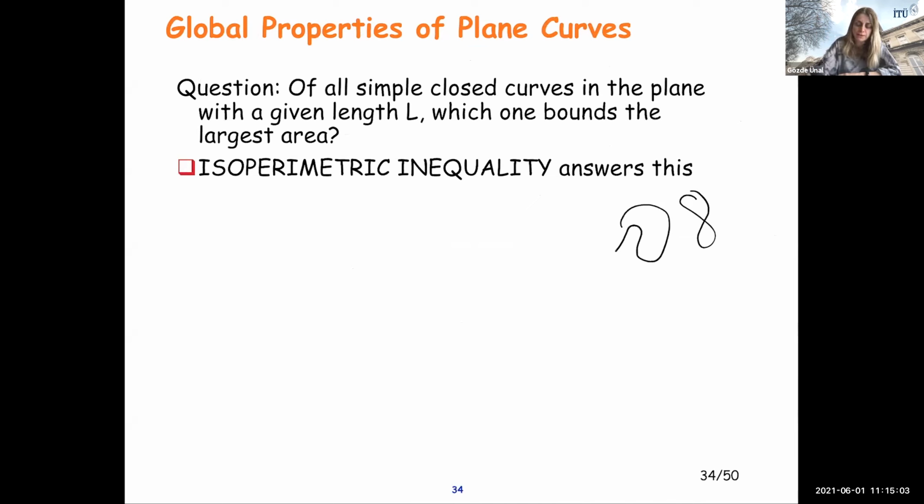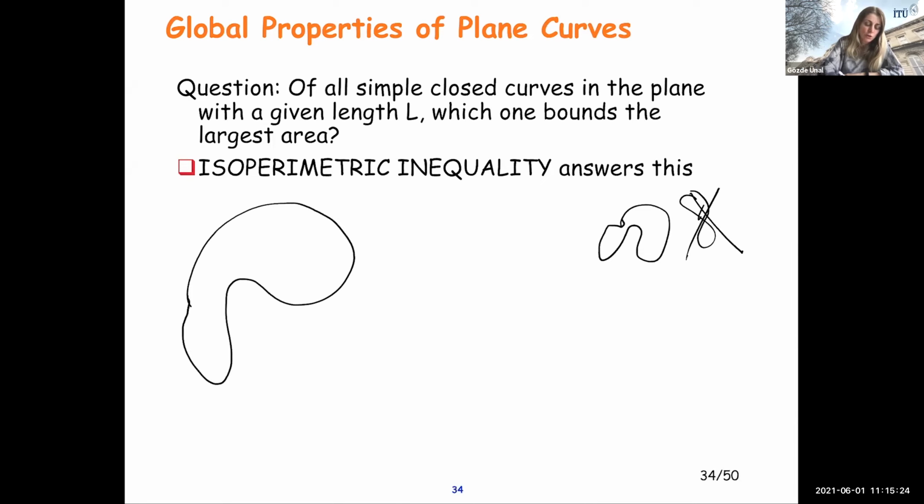Simple curves may look like this, but they don't cross themselves. In the plane, that is. Of course, in 3D, that figure 8 could just be a twisting without going over itself, and it's still a simple curve.